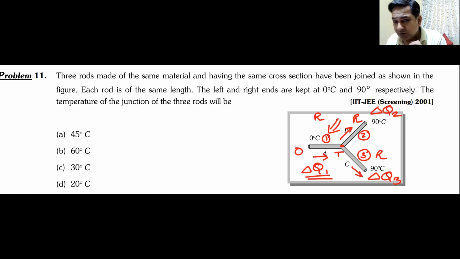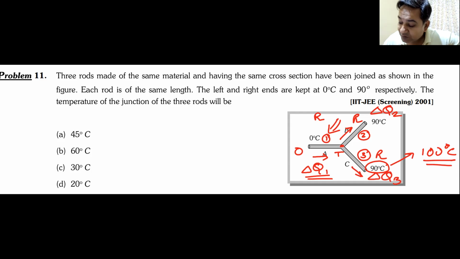Remember, when you are doing it by this concept of delta Q1, you don't have to do it by series or parallel. Even if it is not 90 degrees Celsius, even if it is 100 degrees Celsius, the concept remains the same, because it is not looking at the series and parallel combination.